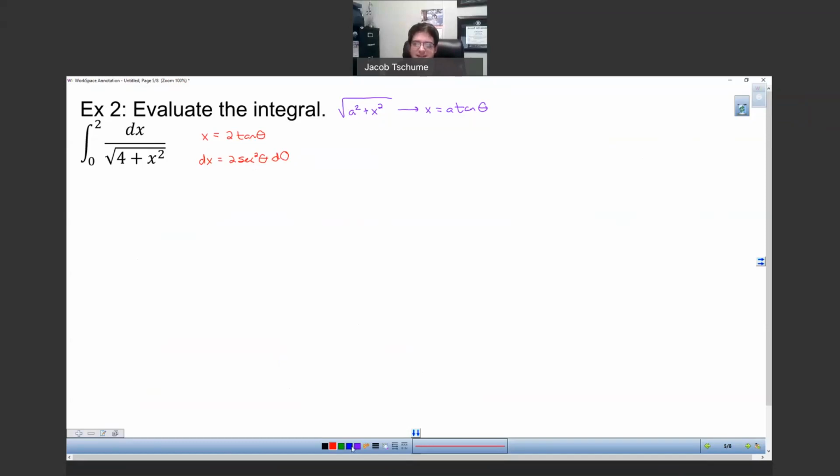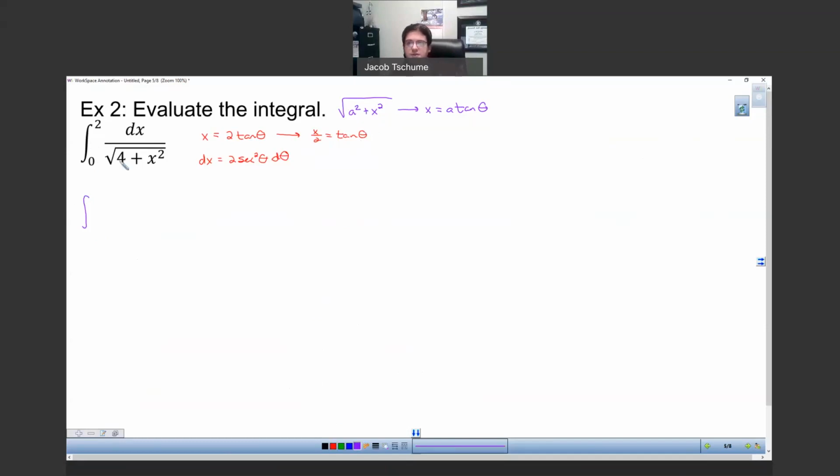Now, since this is a definite integral, we are going to have to change our parameters here. So what might be a little bit easier is if I get my trig function by itself, so x over 2 equals tangent theta. Because remember, these values are x's, so you're not plugging them in for theta, you're plugging them in for x and solving a trig equation.